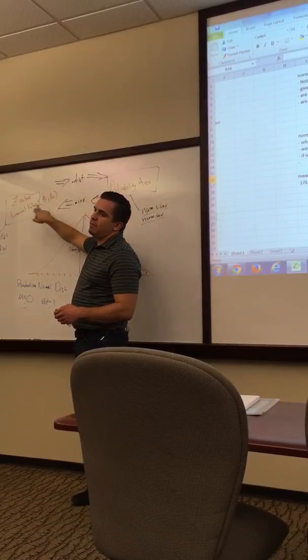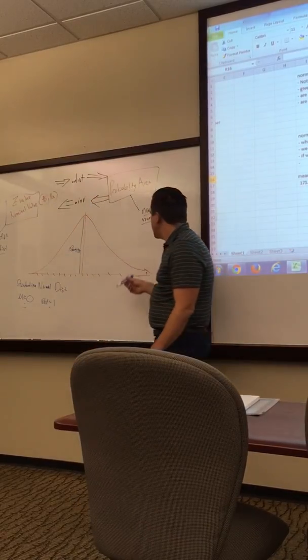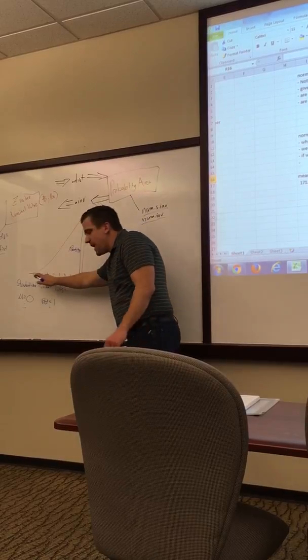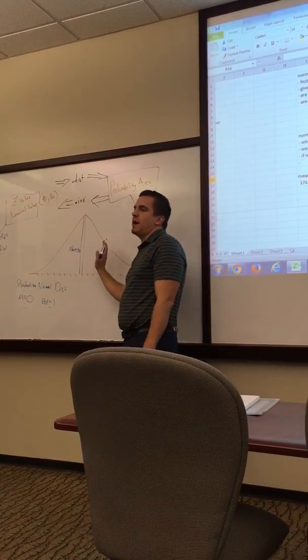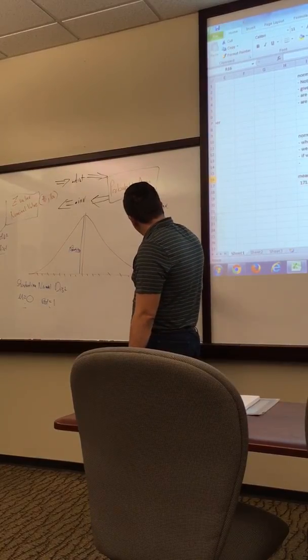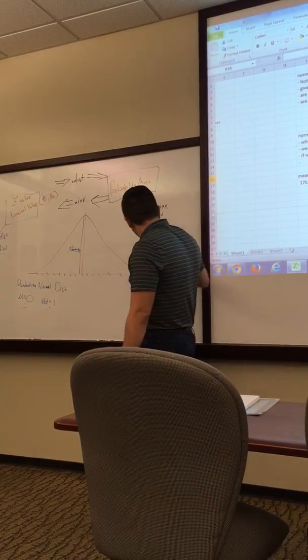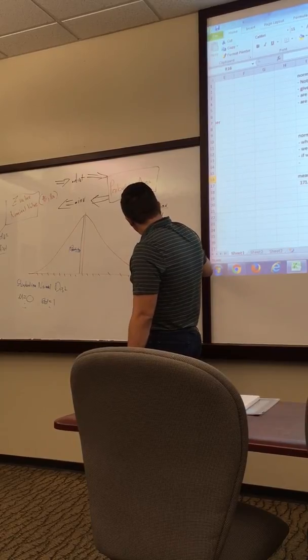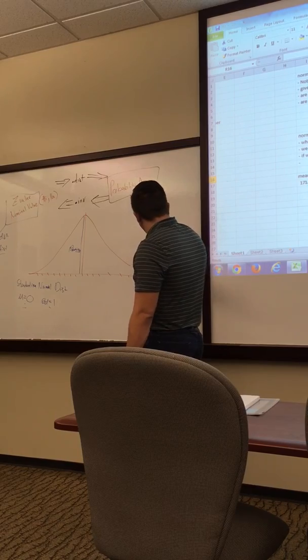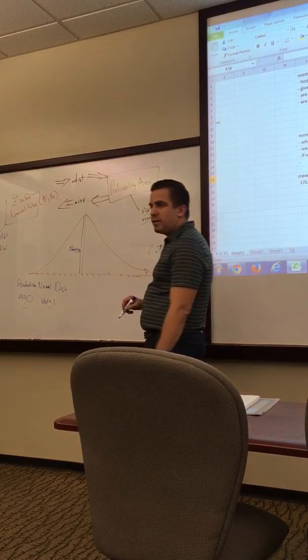So if they want you to report your answer in units, then you say, I want to know a point on the x-axis where 70% of my observations come before that. So I'd put in 0.7, but then I need to know what my mean is, and what my standard deviation is, and report that, and it's going to output a value.